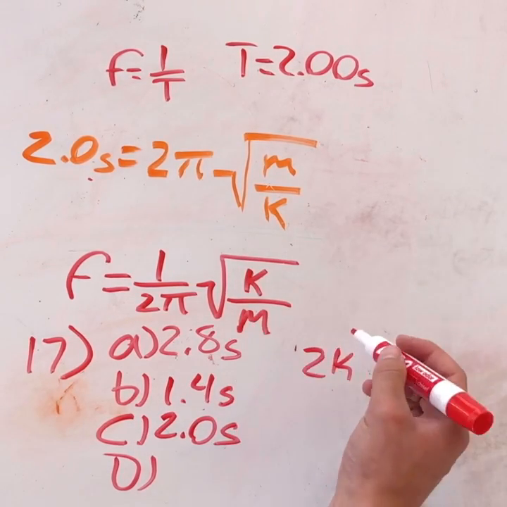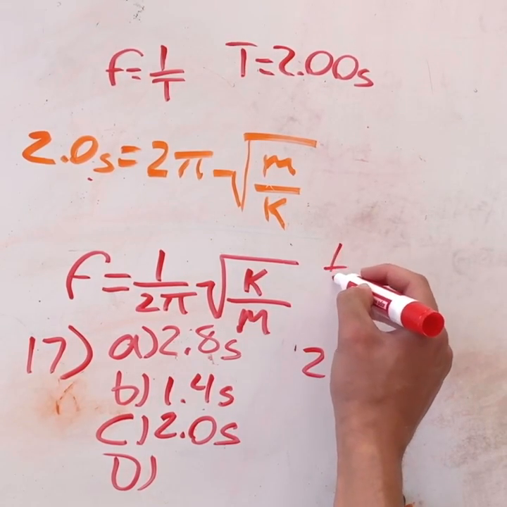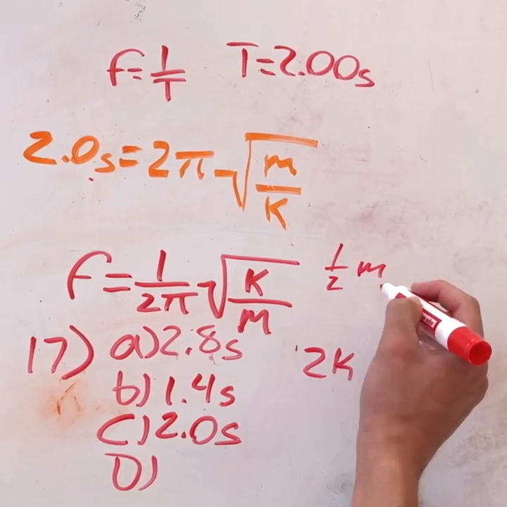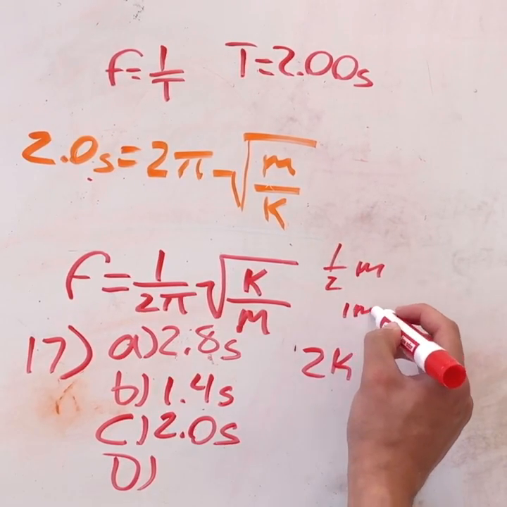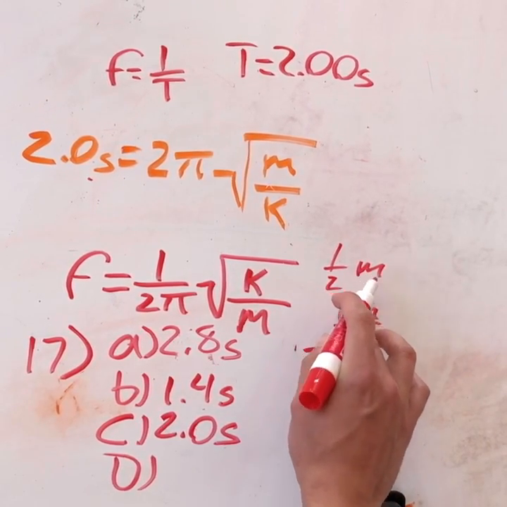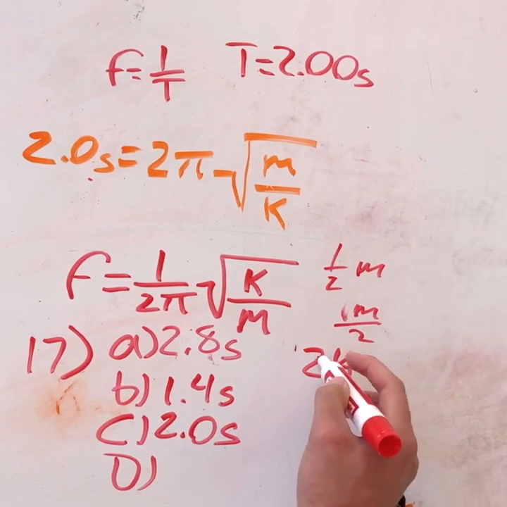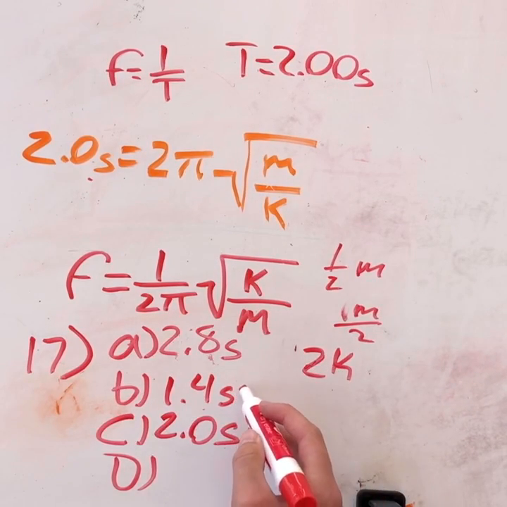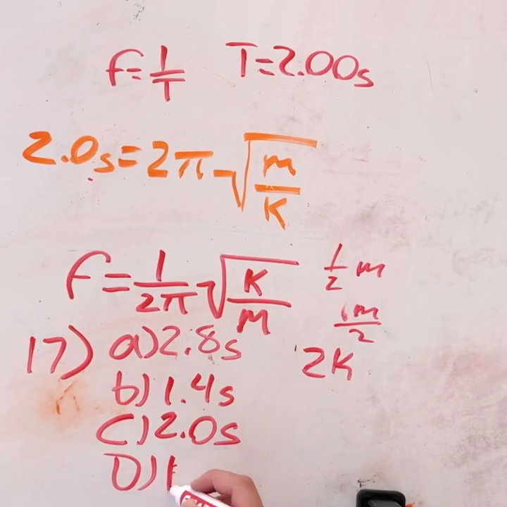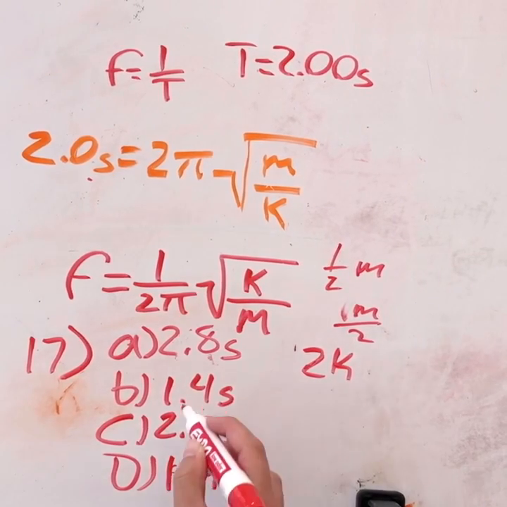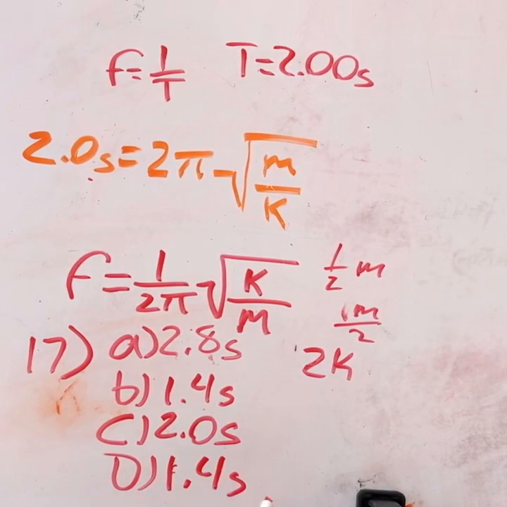That's the same as saying 1/2 m, which is the same as m divided by 2. So that answer is going to be the same as B, and we don't even have to do any math. We can just say 1.4 seconds.